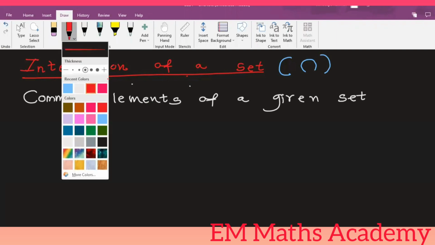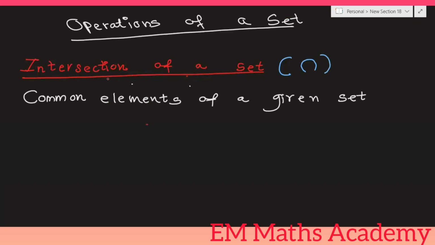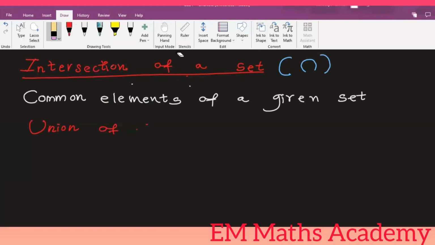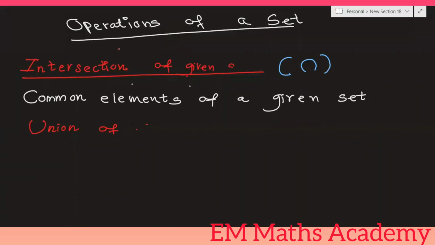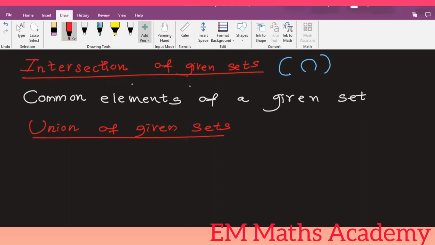Okay, then the next one is union. Union of given sets, not a set. What is the symbol?